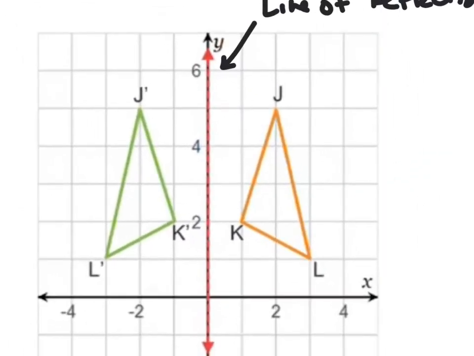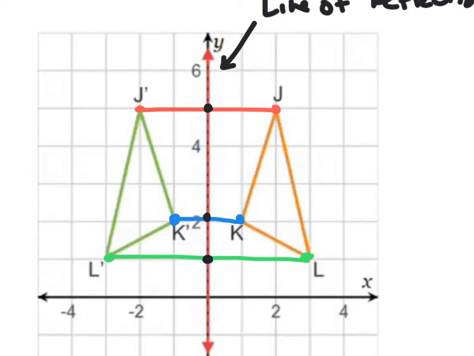So if I draw these lines from one corresponding point to the other, so from J prime to J, if I draw a line from K prime to K, and from L prime to L, all of these lines are going to be parallel to each other, okay? And also notice that the distance between J prime and J is a length of 4, but that the midpoint is my line of reflection, okay?